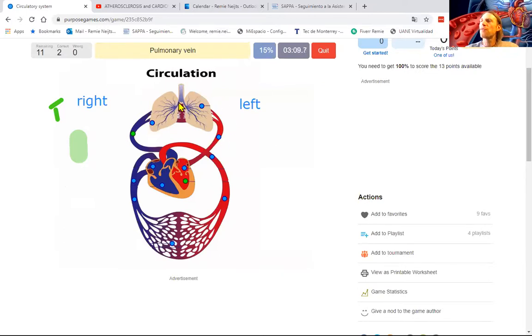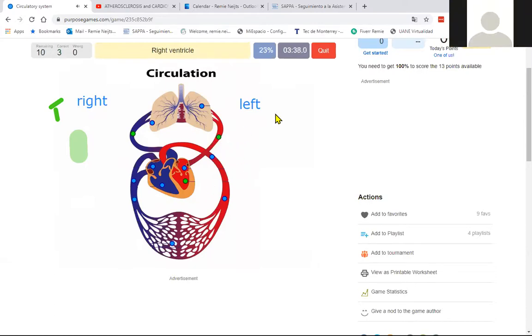They always go from the organs to the heart. So in fact, there are only two veins here. This one and this one, okay? Because they go through the heart. This one is leaving from the heart and this one is leaving from the heart. They're arteries. So what would be the pulmonary vein? Pulmonary refers to the lungs. Okay, so which one do you think it is? This one or this one? The one on the left side.